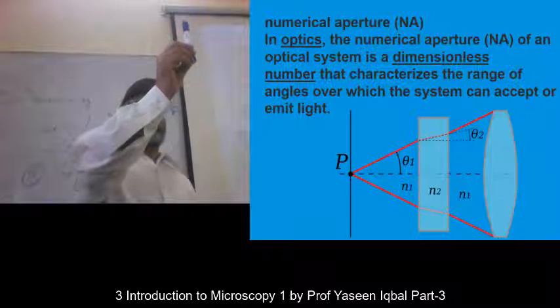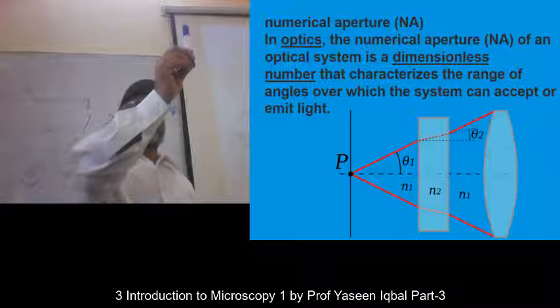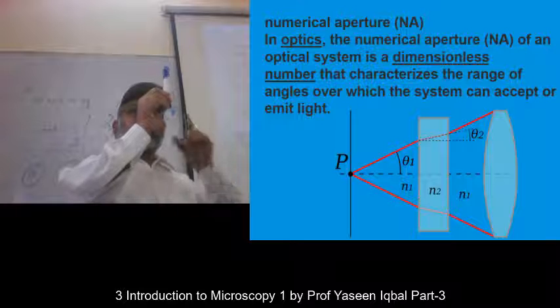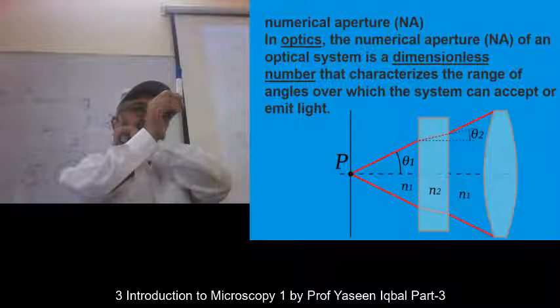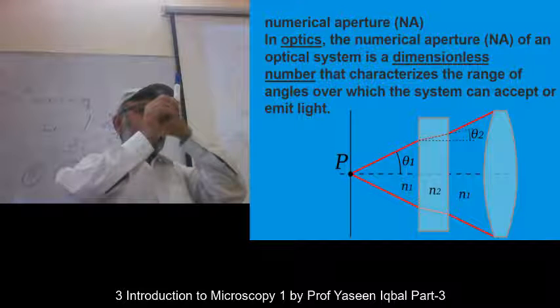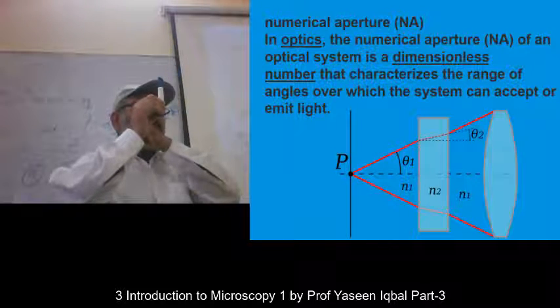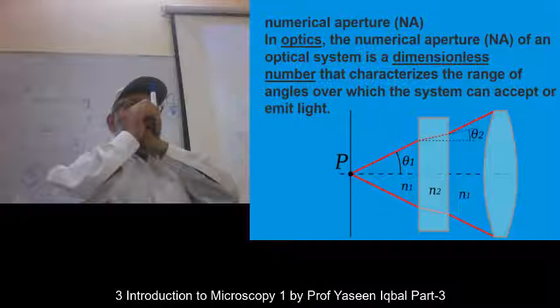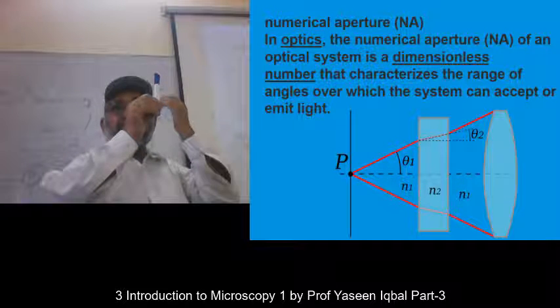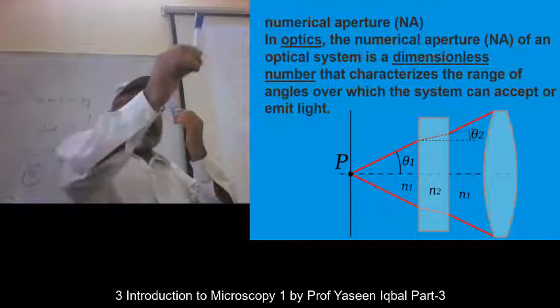I am holding this in front of me. When I am bringing it closer, I am increasing the angles. My eyes here. When I am bringing it closer, I am increasing the angle. So the numerical aperture can be increased or decreased.